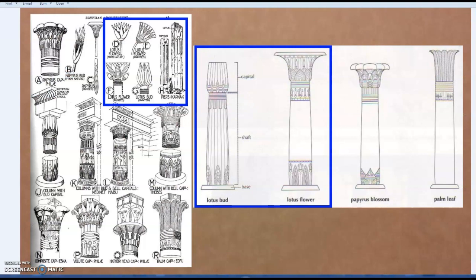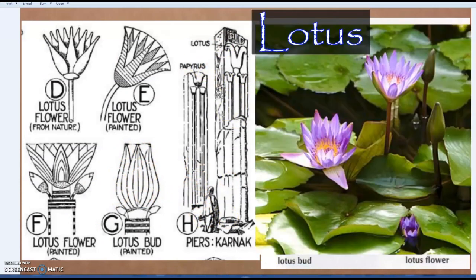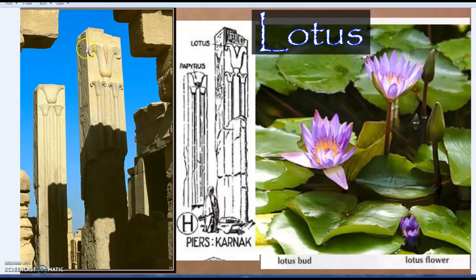Now if we look at the lotus bud and lotus flowers, and focus in on this section, you see the lotus flower and the lotus bud, and also these piers at Karnak which have the lotus and the papyrus. The lotus flower is very, very important from many aspects, but here is an actual photo from Karnak where you see the lotus blossom and the papyrus.